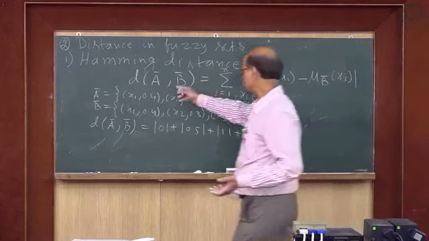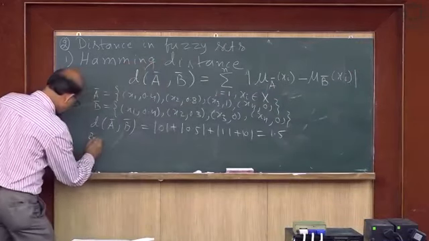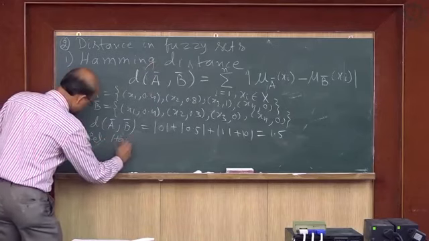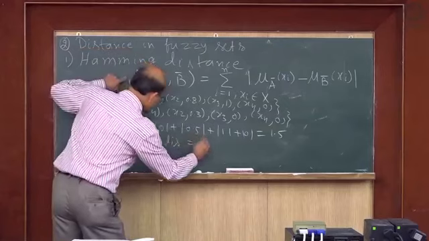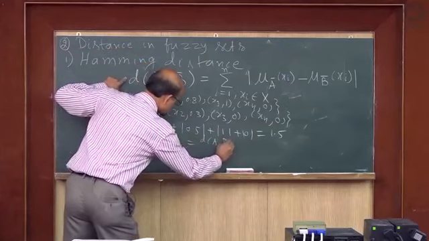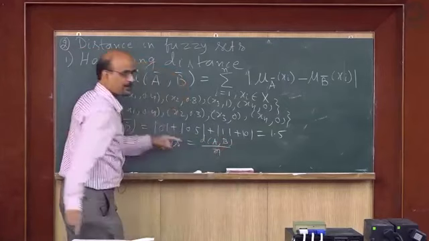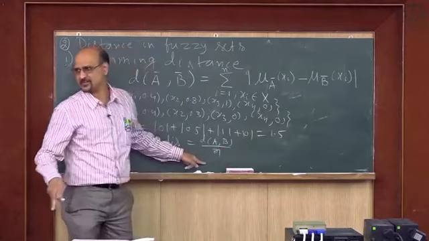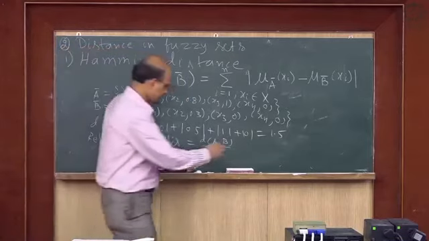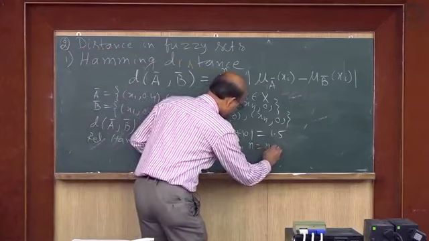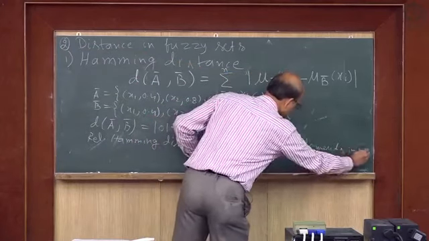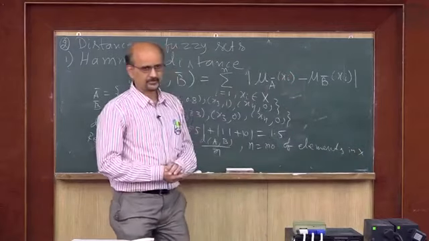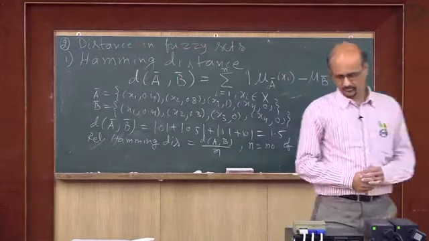So, the relative Hamming distance will be the Hamming distance D of A B divided by n, where n is the number of elements in the universal set X. Very easy to find the Hamming distance.